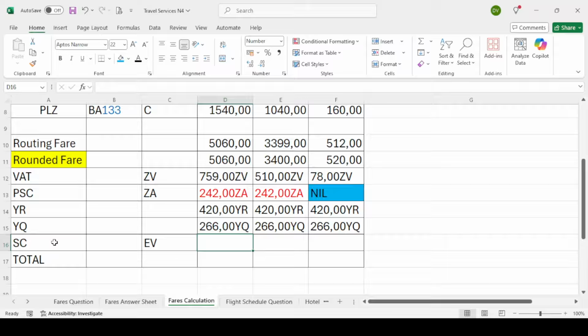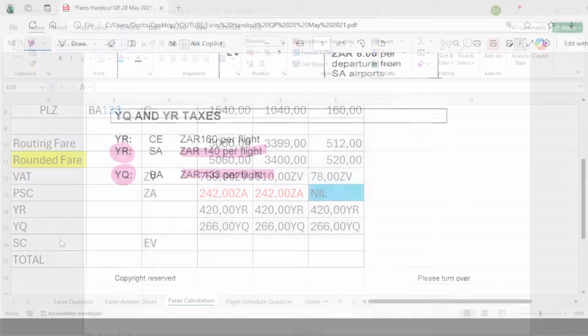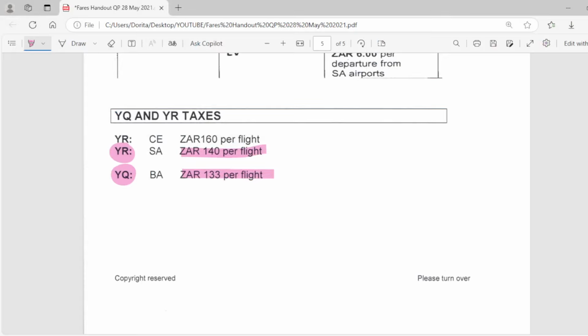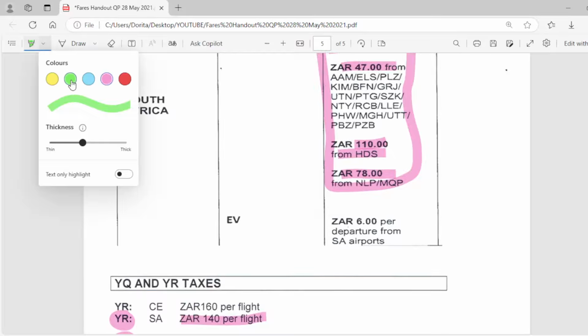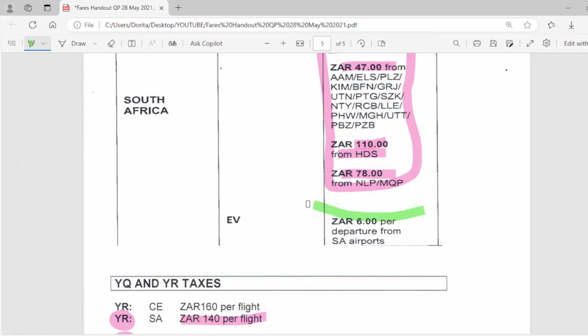Now the last tax that we have to add is your SC tax, and you also get that amount from your fares handout. It's just below your PSC, and it looks like this. So the SC charge is that little 6 Rand at the bottom. It says that the 6 Rand is per departure from South African airports.